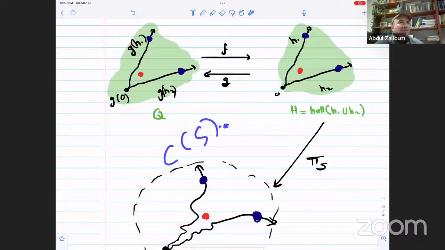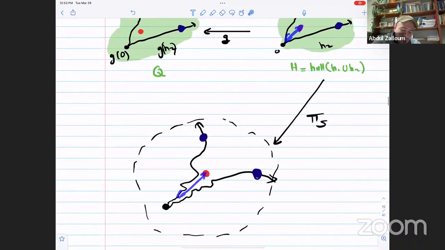That's how medians are constructed: you take medians in each hyperbolic space and you pull back. Because the median here is within a finite distance from the origin, the median there also has to be within a finite distance from the origin. So this shows you that these two points have to actually be different.